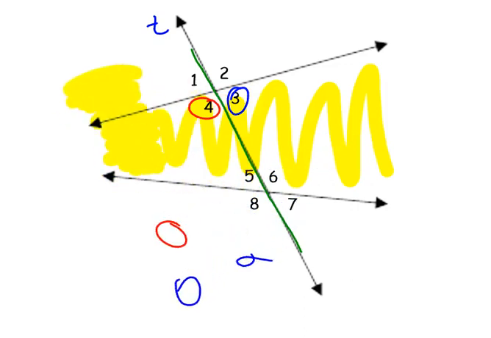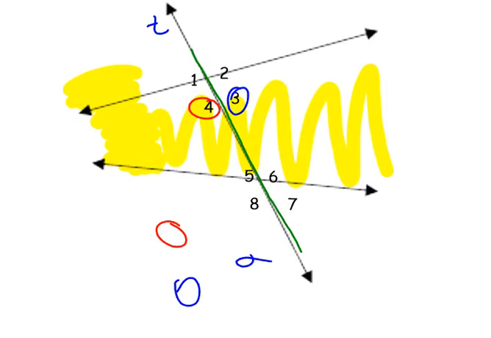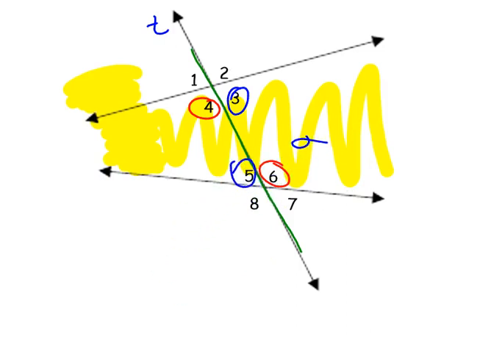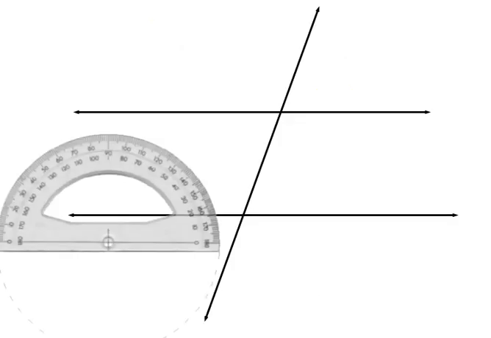Let's move these two. Now 4 and 6 are going to be our alternate interior, and 3 and 5 are going to be alternate interior. Right and left side, top and bottom, but still on the interior of the two main lines.